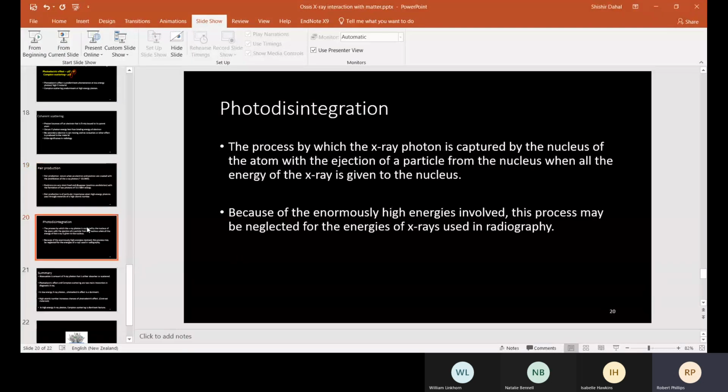And the final one is photodisintegration, which doesn't occur in diagnostic radiology at all. It's just to have some knowledge about it.